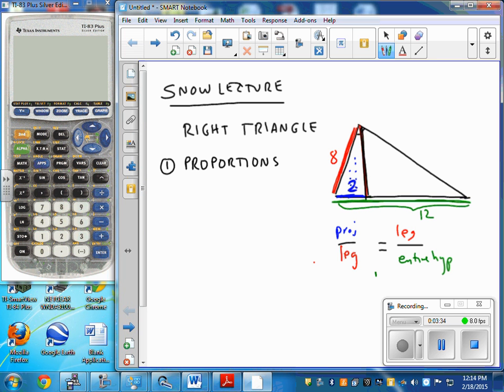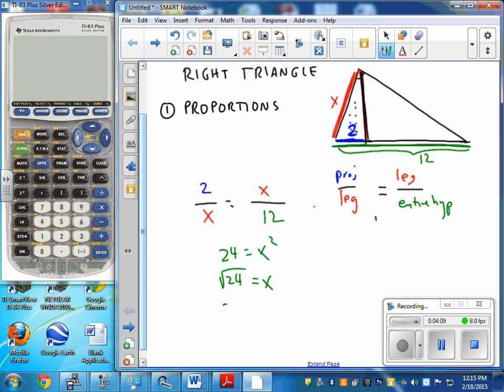Here's our proportion, and the x goes here as the geometric mean. The projection is 2, and the entire hypotenuse is 12. Cross multiply and you get 24 is x squared, so x is the square root of 24. You should probably clean that up: 2 square roots of 6.